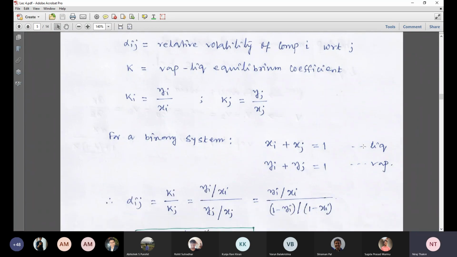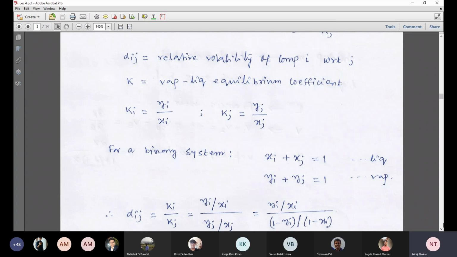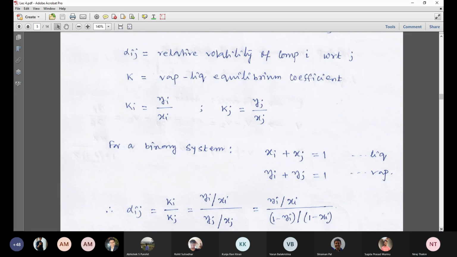Now come back to the alpha ij. So accordingly, I can write alpha ij in this form. Fine, I think you understood this.